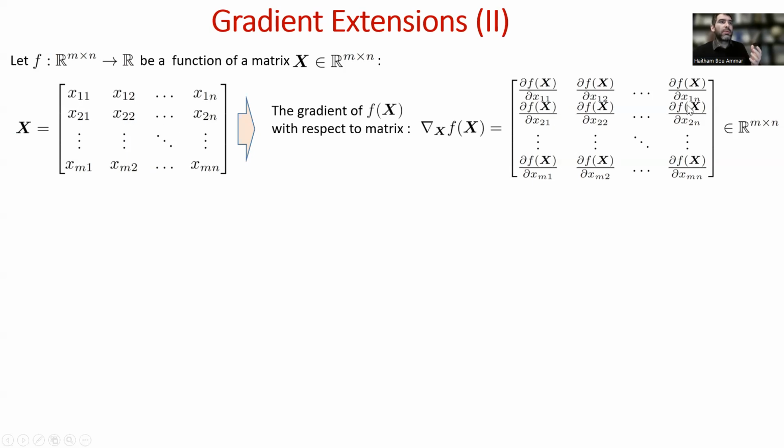So keep in mind that the gradient is a special case of a matrix function where your matrix has just one column, in other words, n is equal to 1, and it has m components.